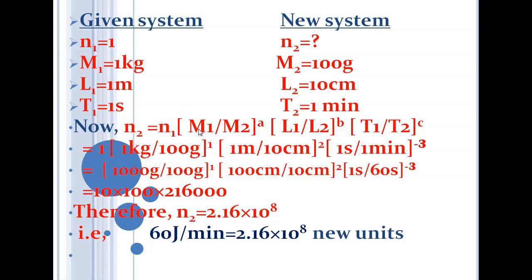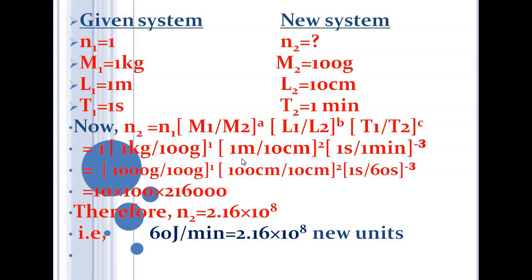n1 equals 1, m1 equals 1 kg, m2 equals 100 gram is here. Similarly replace l1 by l2 power b, b equals 2. Similarly t1 by t2 power c. Now convert into the similar system for the first term. 1 kg equals 1000 gram and 100 gram, as it is gram and gram cancel, 2 zeros cancel, that is 10 is left from the first term.